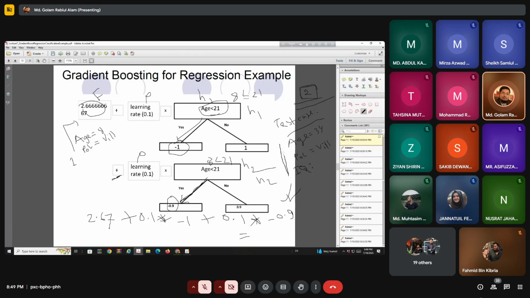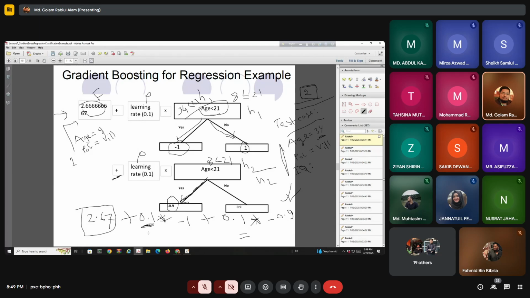So that means this query or test case we have to pass to this model. Then for this case we can see 2.67 will be there, F, plus learning rate is 0.1. And then the age of this person is 34. So is 34 less than 21? Is it true? False. So that means it will move in this direction.